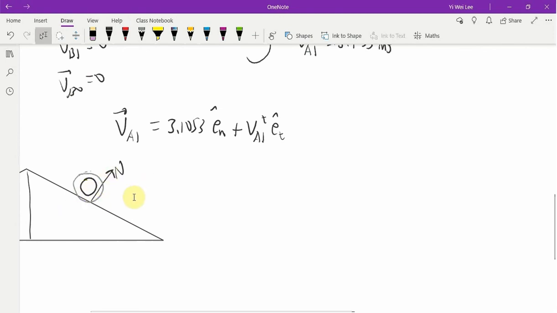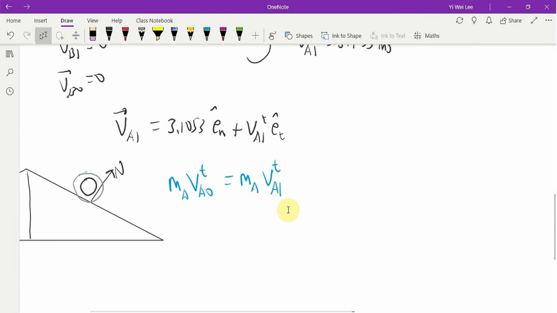So we can also say that momentum is conserved in this direction, right? If we draw the system boundary around this, we can confidently say that the mass of particle A times the velocity of particle A before collision, tangential to the collision plane, is equal to the mass of particle A times the component of velocity of particle A after collision tangential to the collision plane.